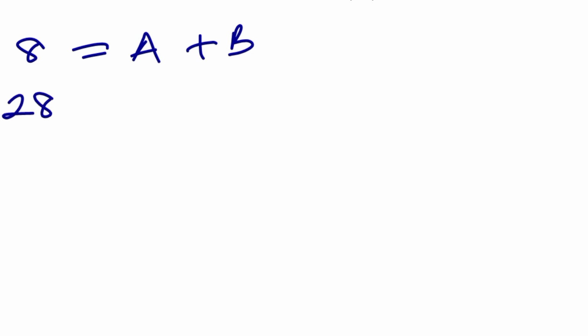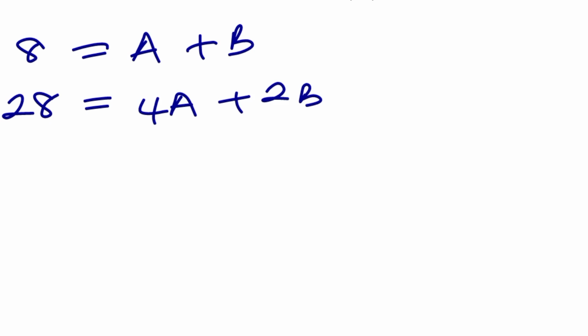What we need to do here is that we say that 8 equals a plus b, am I right? Then the next one is 28 equals positive 4a plus 2b. Let's rearrange it.